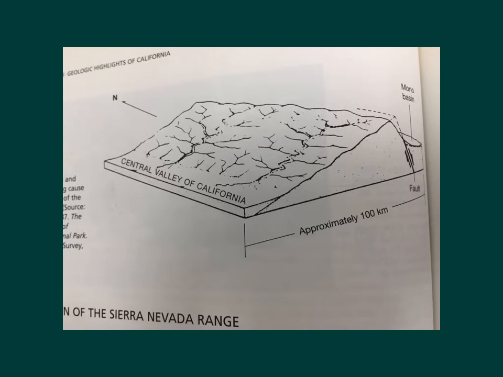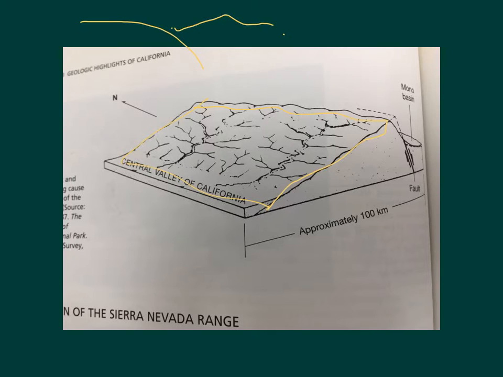Blank slide here. I don't think there's anything else we need to cover. So let's hop to the next slide. This is what we kind of have. In here, this is your Sierra Nevadas, and this is the western part of it. We saw back on that other slide, as that one plate was sliding below the other, we had that little buildup.